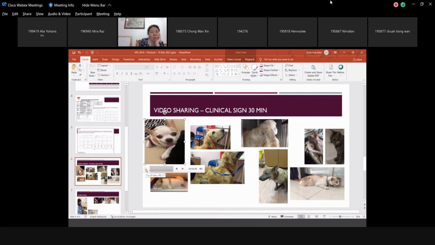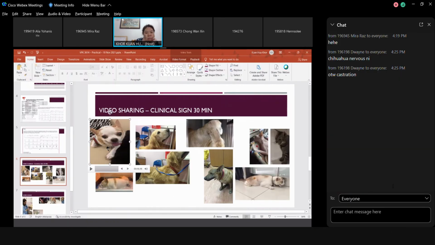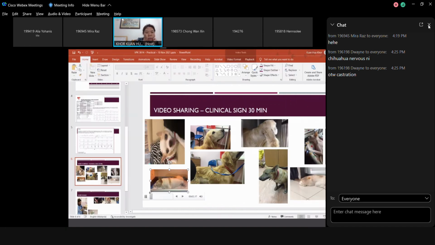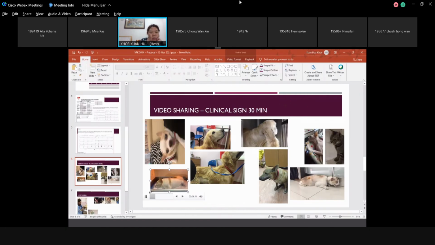Doctor. Can you look at the tongue? Cyanotic, isn't it? And it's panting. I was shown this video in the afternoon, around lunchtime, and by evening this dog was already in the oxygen cage.